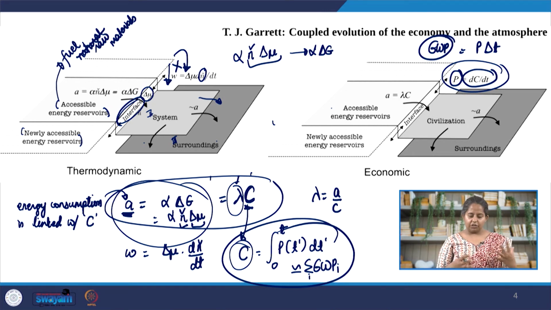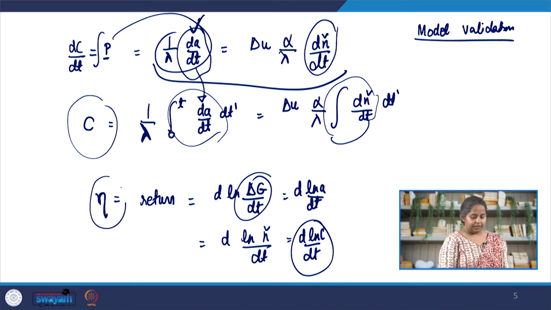For example, here for economics, all we are looking at is the number of resources, the rate at which resources are being consumed, the energy difference, the material units, the rate at which wealth is being generated, and the return rate. That is it. That is all we are looking at. And we have already linked global prosperity with energy consumption and material consumption. Now, going from material consumption to carbon emission is a very simple step.